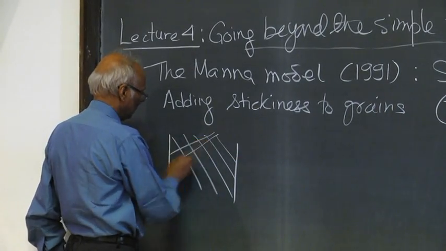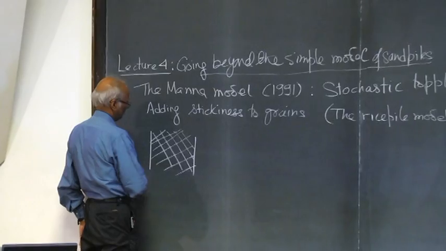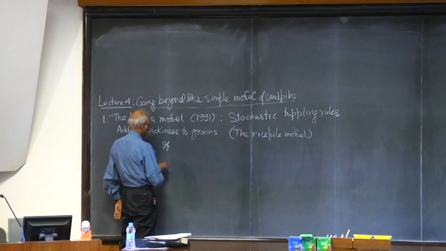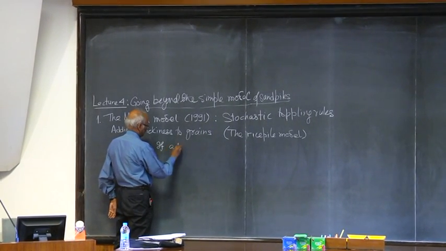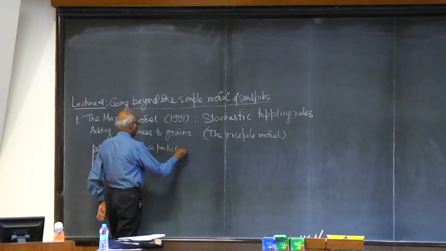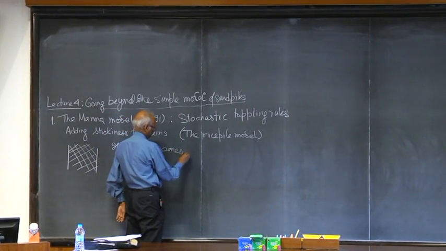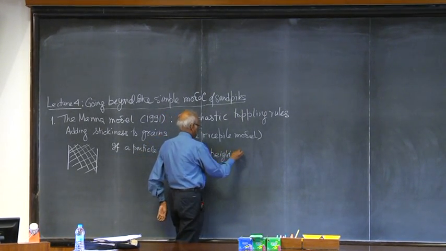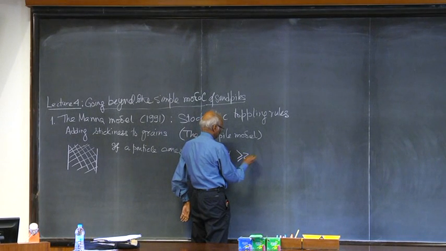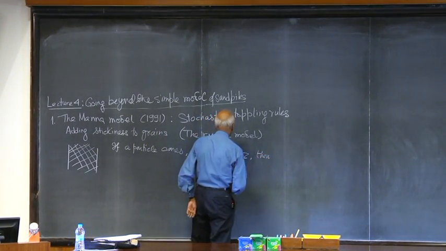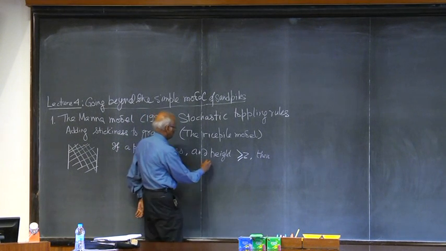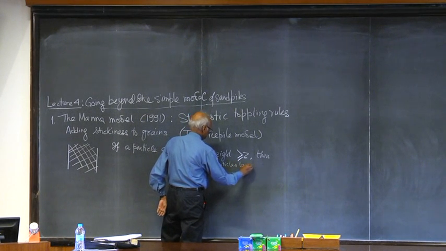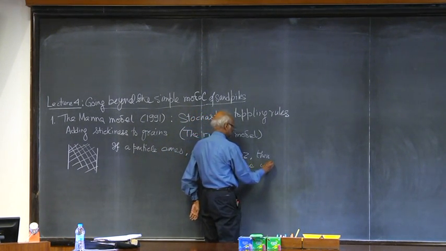The same basic geometry let us keep unchanged, and the rule is that if a particle comes and the height is greater than or equal to 2, then two particles leave with probability p.